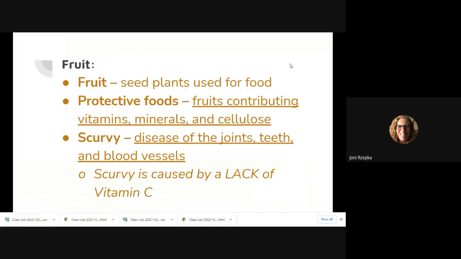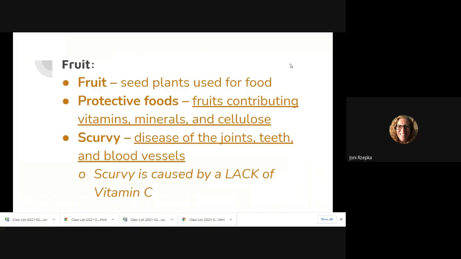Scurvy is a disease of the joints, teeth, and blood vessels, and it's a lack of vitamin C. Back in the day, as you've probably heard from your history teachers, my dad was a history teacher and he used to tell the story about the sailors who sailed to the New World. A lot of them came to the New World with scurvy because they didn't have any vitamin C on board.